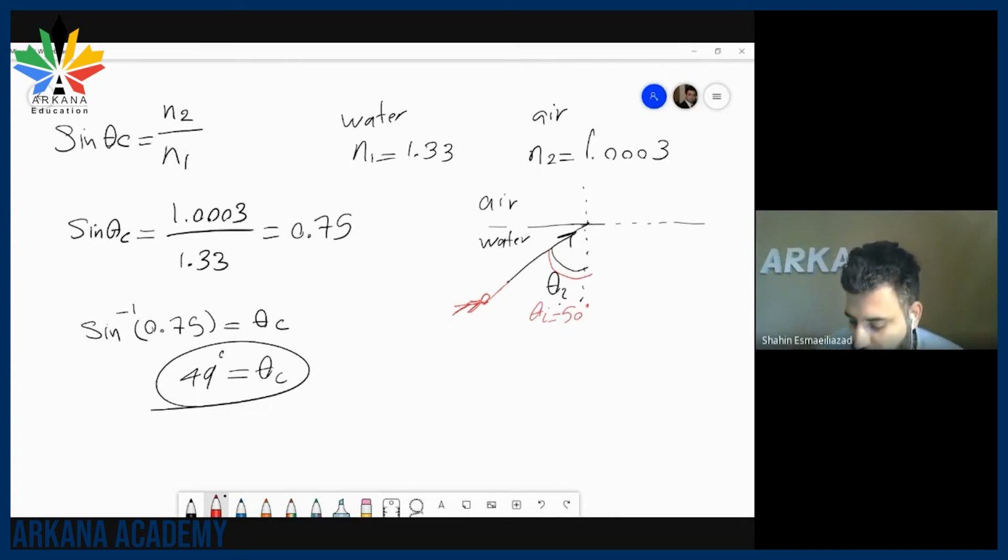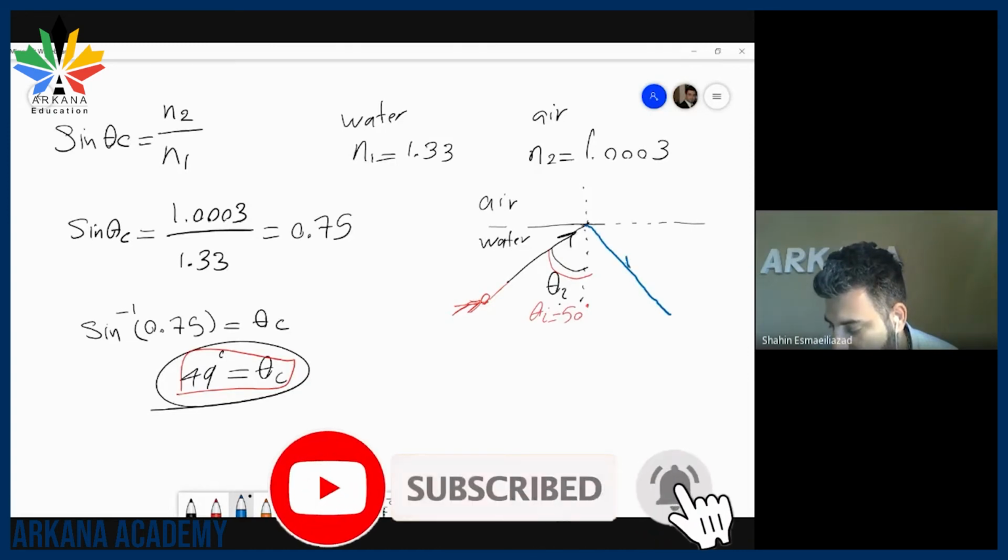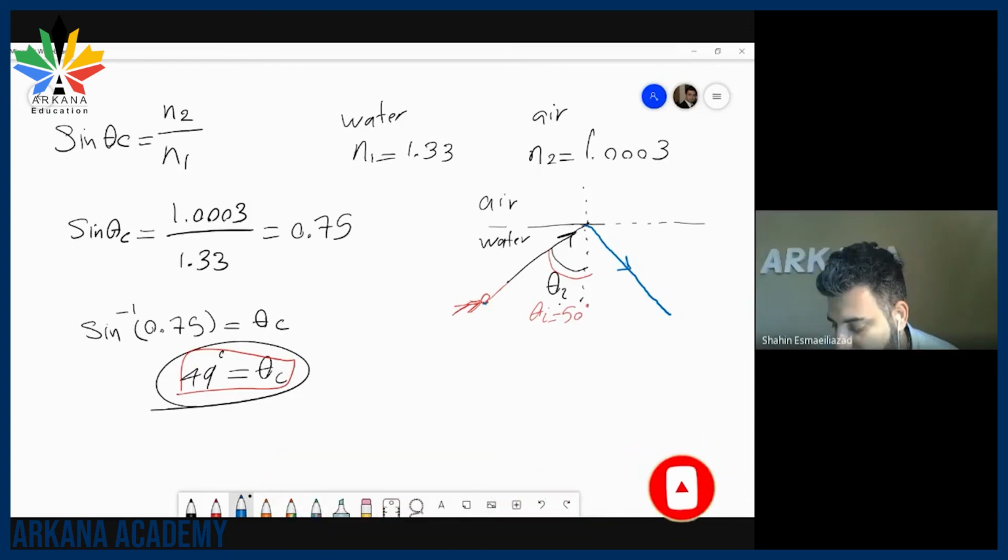We know the critical angle is 49 degrees, and theta i in this case is higher, so we can conclude that this light is not going to pass through the water at that specific angle. We always have to keep in mind that this signal could also be sent at a different angle, like this angle or this angle.